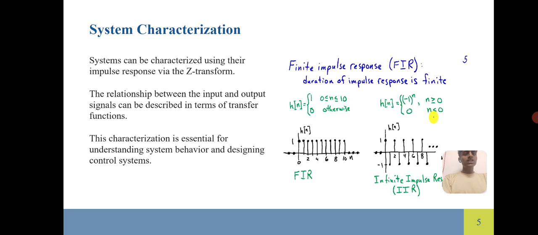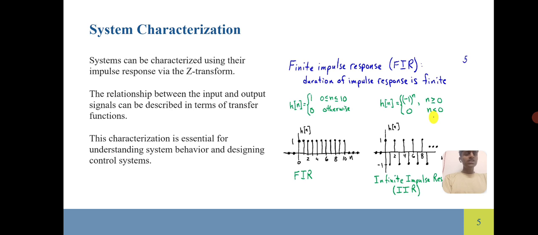So next is system categorization. What is system categorization? These are the diagrams and these are the explanations about the system categorization of Z transform. Systems can be categorized using their impulse response via the Z transform.